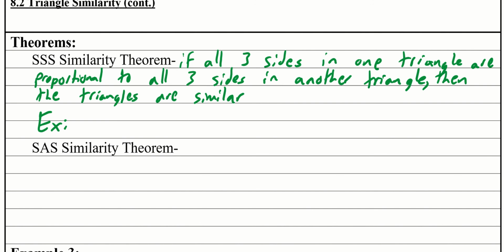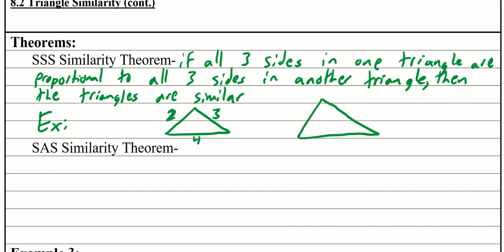For example here, we could obviously draw many different types of triangles. We'll keep it simple. Let's say we have a triangle of 2, 3, and 4. And then we'll make another one here. This will obviously not be drawn to scale. But if I have one triangle with 2, 3, and 4, I just want the sides in the other triangle to be proportional.